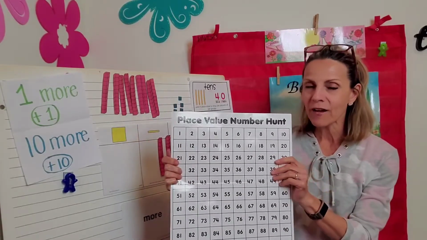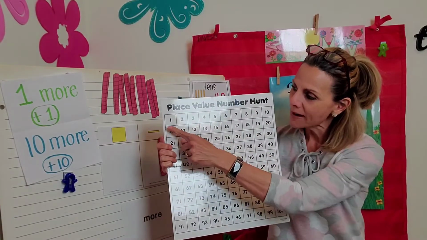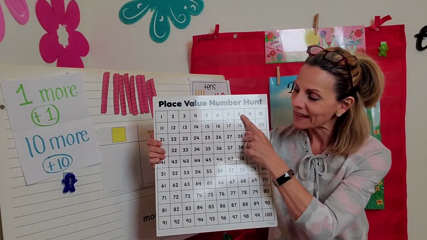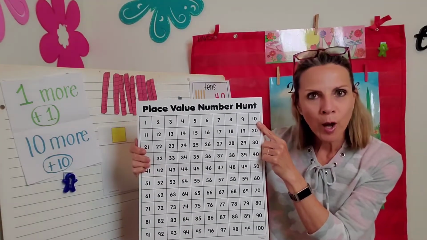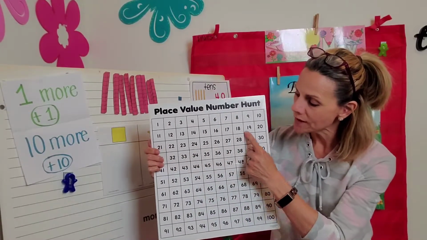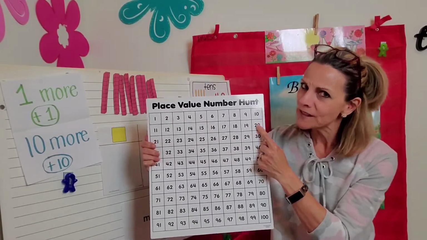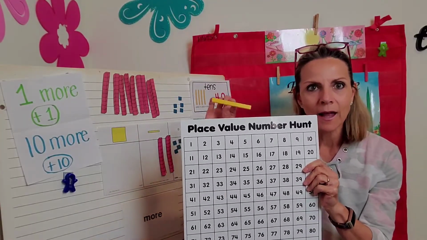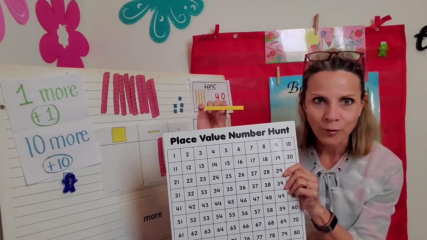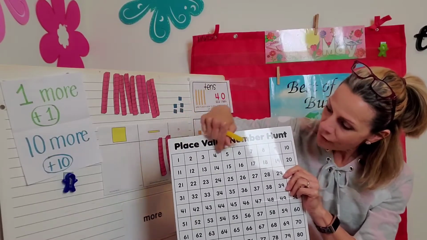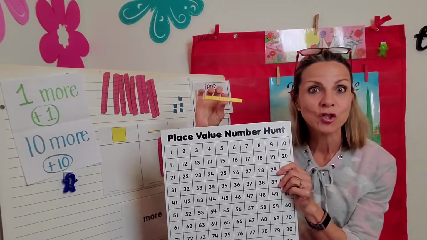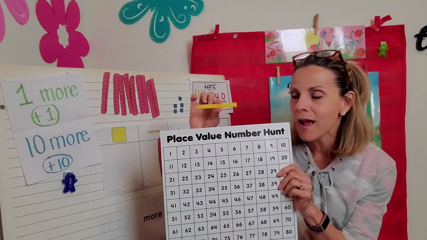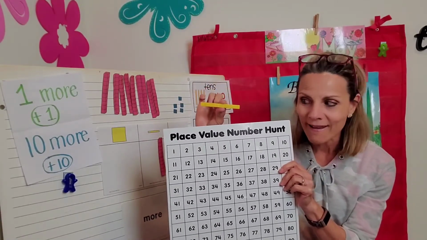And if I think about it, I might even notice that at the end of each row, I'm noticing a group of 10s. That makes me think about this 10s rod. If there's 10 spaces, it's just like a 10s rod that I'm turning on its side.